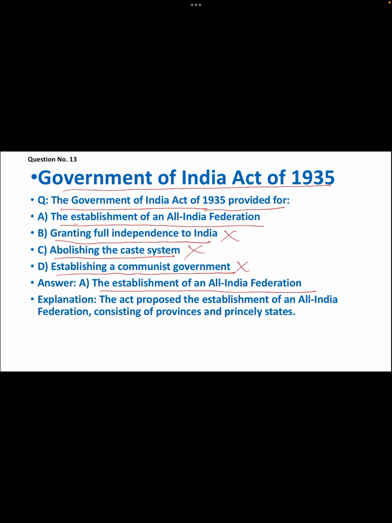The act provided the framework and proposed the establishment of an All India Federation consisting of provinces and princely states.